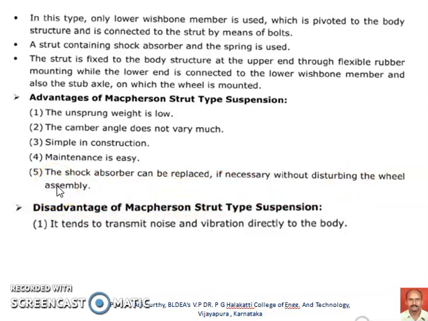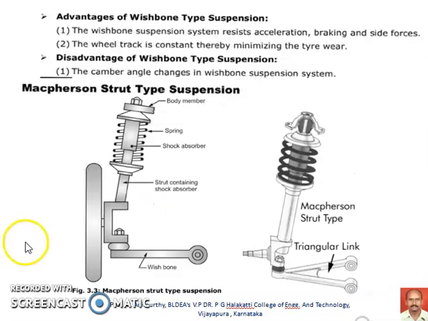In the earlier case, since the shock absorber was placed between the upper control arm and lower control arm, it was not possible to replace the shock absorber without removing the wheel assembly. But in this arrangement, as you can see, the shock absorber is above the wheel, between the upper end of the stub axle and the body member.